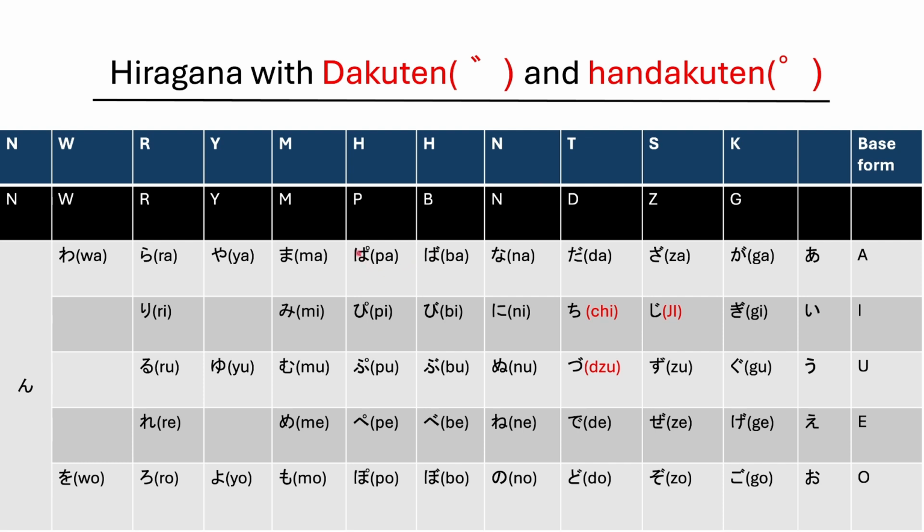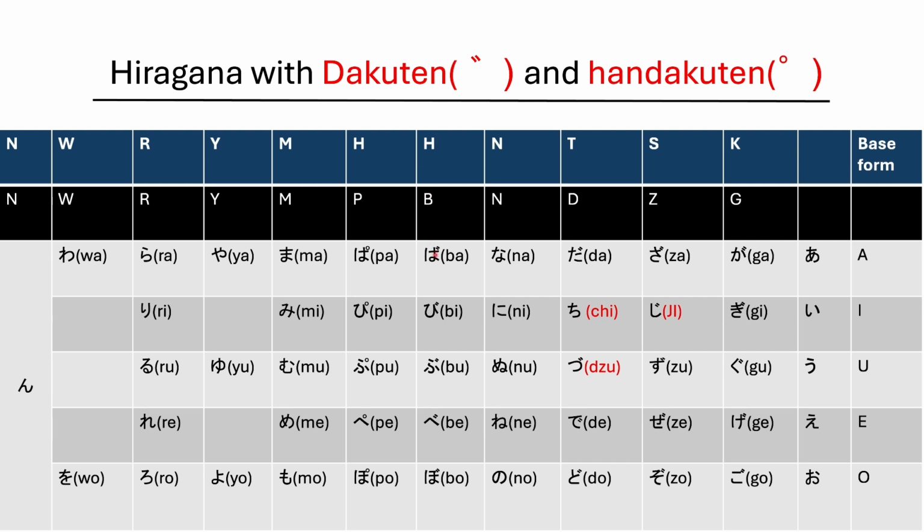The handakuten can only be added to the h column, this column, which is supposed to be ha, hi, hu, he, ho. So if you just notice, the h column has two columns.